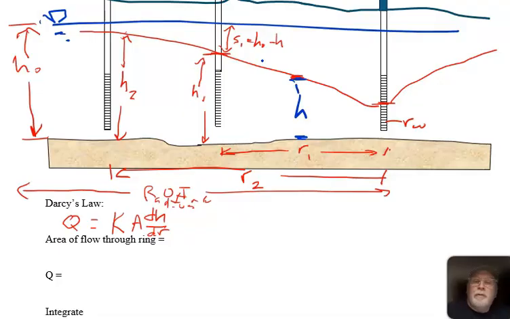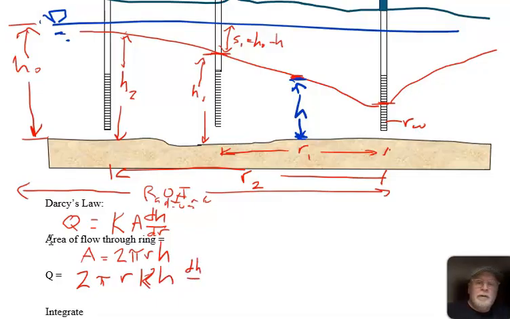So remember, in the confined case, the area of flow was the aquifer thickness times 2 pi r. In this case, the area of flow is going to be 2 pi r times h, where h is a variable, a function of r. So I plug this in and I get the flow equals 2 pi r K h dh/dr.